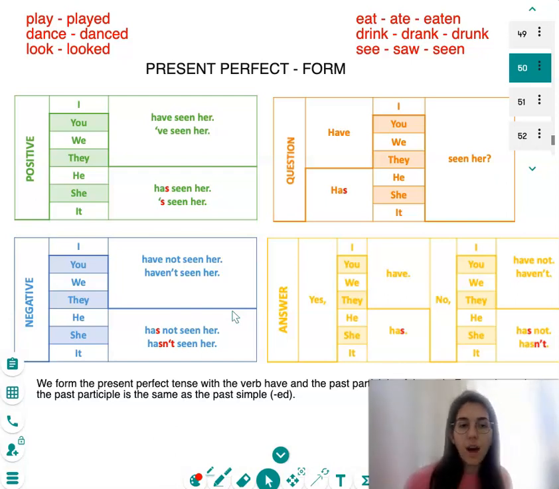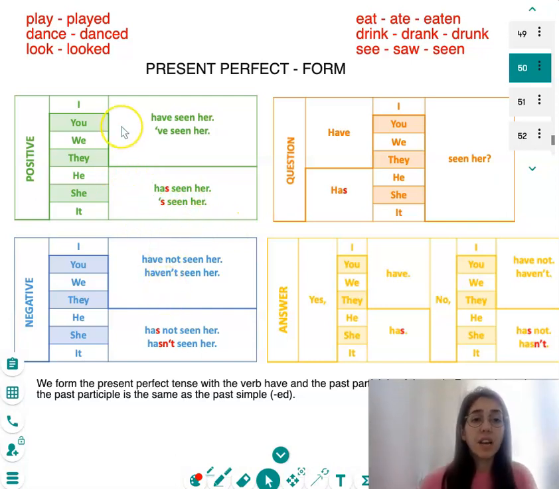I have, you have not, I have not, etc. And when we're talking about he, she, it, it is always going to be has. So that's the only time we conjugate the verb to have: when we're talking about he, she, or it. So he has, she has.